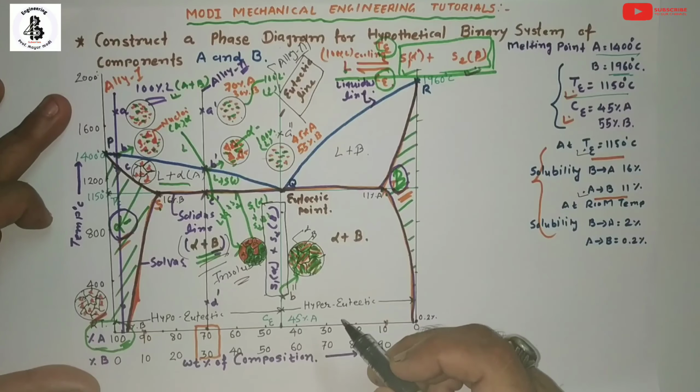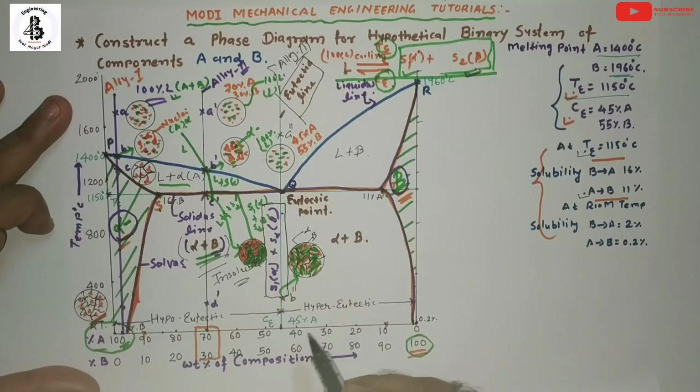Now I would like to make one more point, in the hyper-eutectic region. Take around 20% of A and 80% of B at these points, and make one vertical line. Similarly to what we discussed for alloy number 2, this is alloy number 4, which intersects the liquidus line and solidus line.